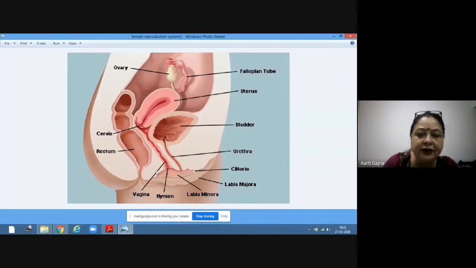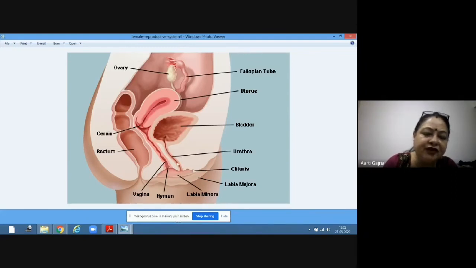Now see, the opening of the vagina is different from the opening of the urethra. In the male, the opening was the same, and the release of sperms as well as urine used to take place from the same opening.